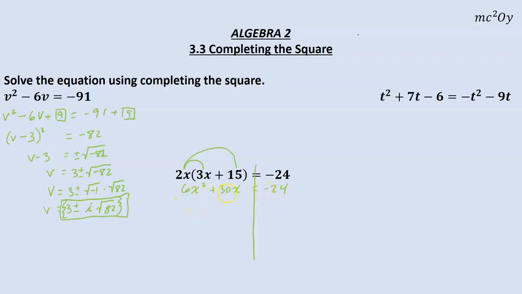Now, if a doesn't go into all three of these, I probably would never use completing the square to solve it. However, in this case, a, 6, goes into every term. So I'm going to divide everything by 6, and that's just going to eliminate that a term. So I'm left with x squared, 5x, and negative 4.